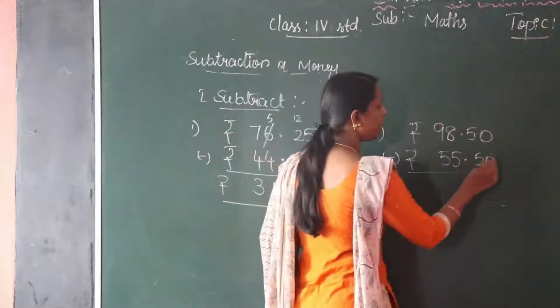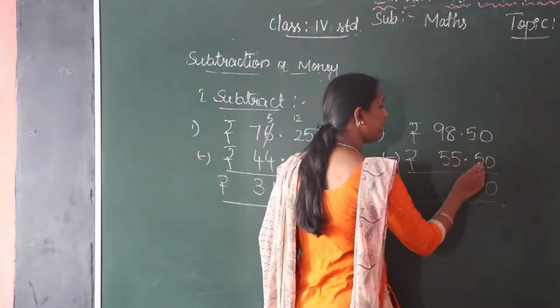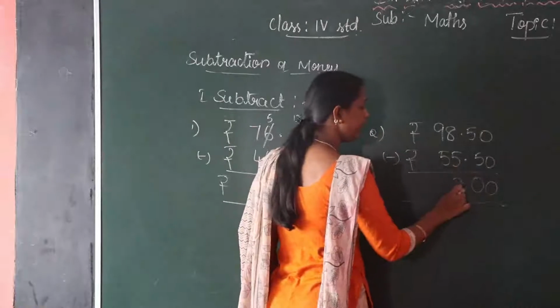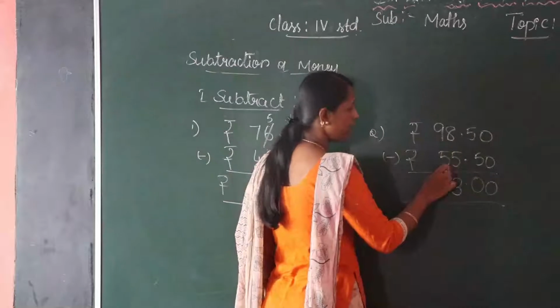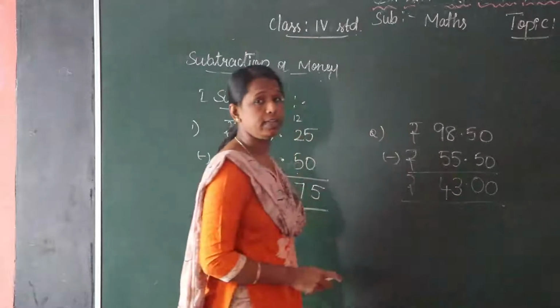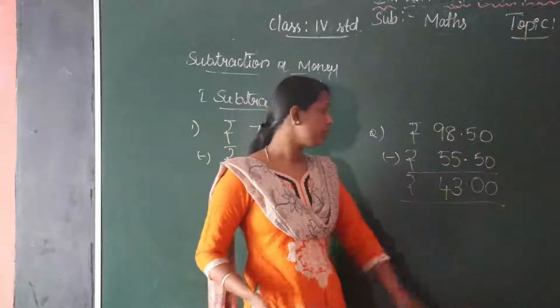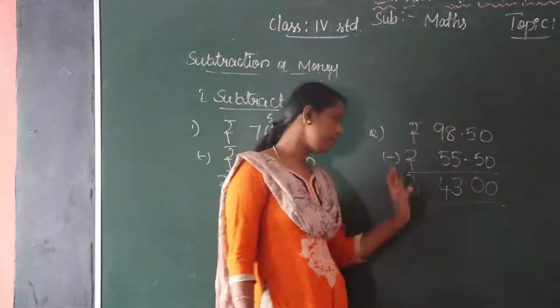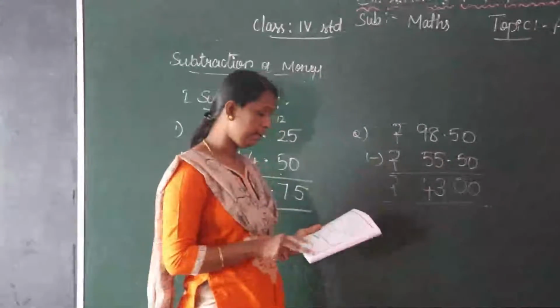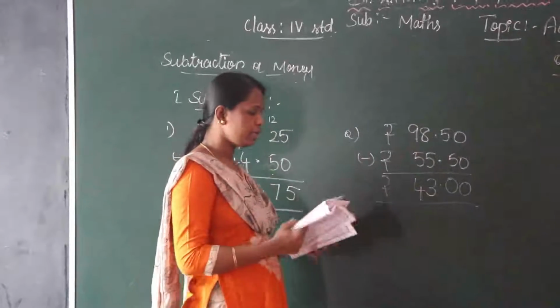Next, 0 minus 0, 0. 5 minus 5, 0. 8 minus 5, 3. 9 minus 5, 4. The answer is rupees 43. There is no number in the paisa column, so only rupees. That is rupees 43 only. Next question.